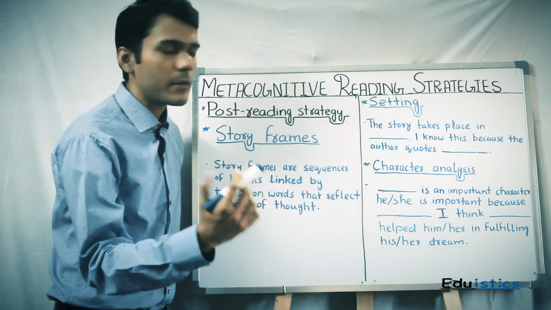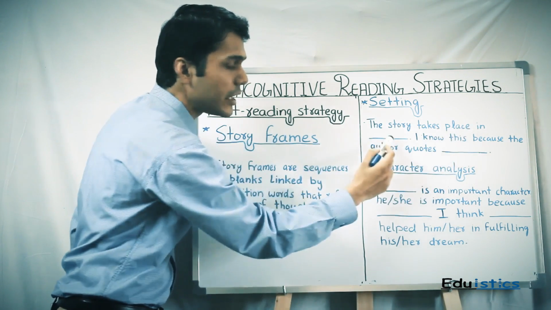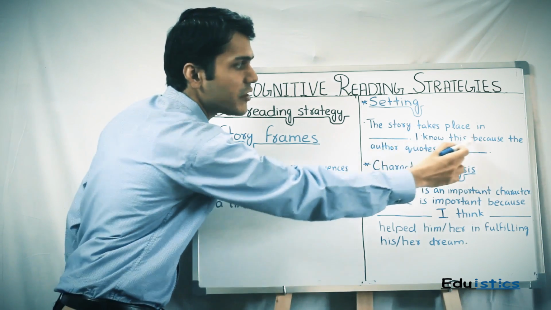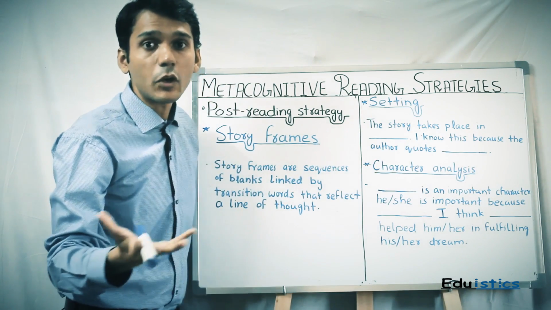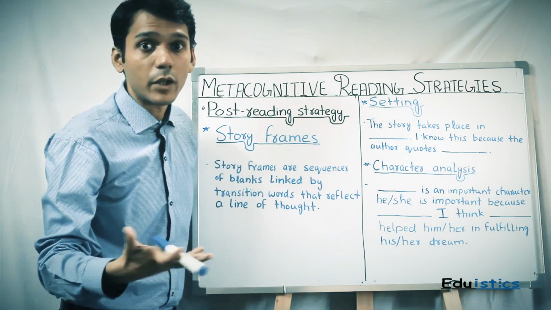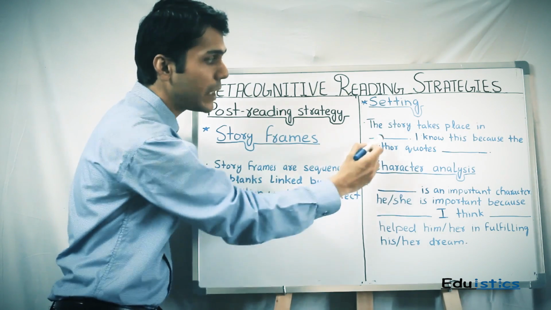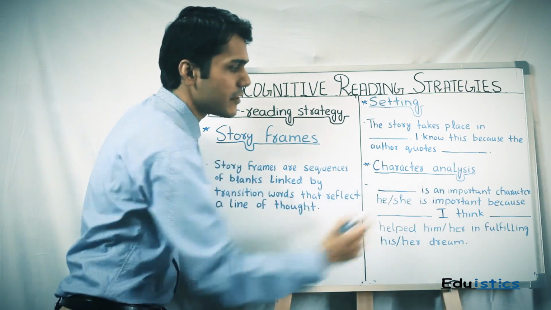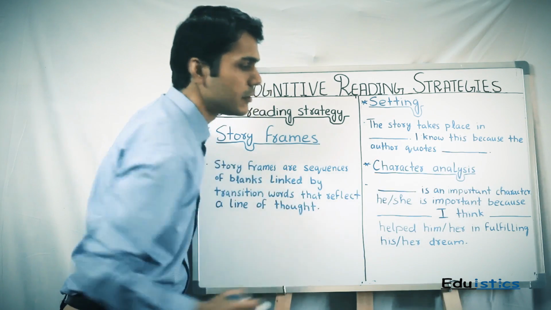In setting, the teacher can make story frames like this. The story takes place in dash, name of the country or place. I know this because the author quotes. Now, what the author quotes can be an organization or something else which gives a hint about the place. Similarly, we can do it with the character analysis. Dash is an important character.